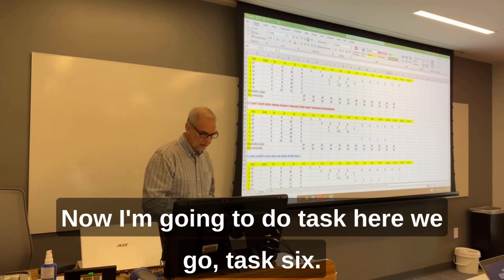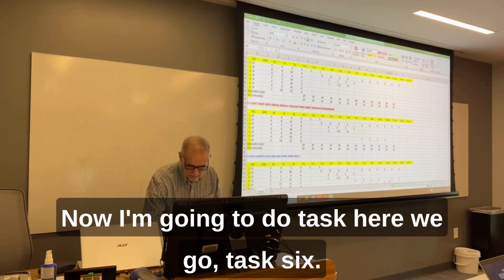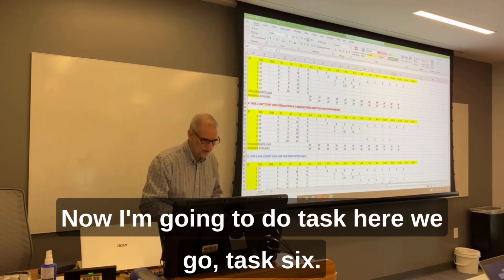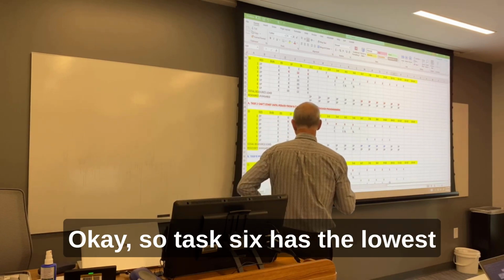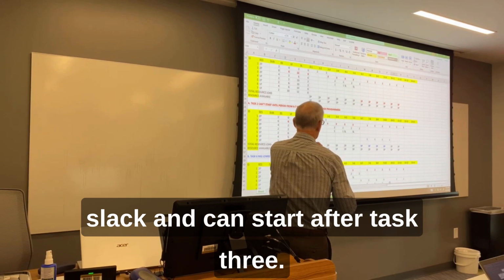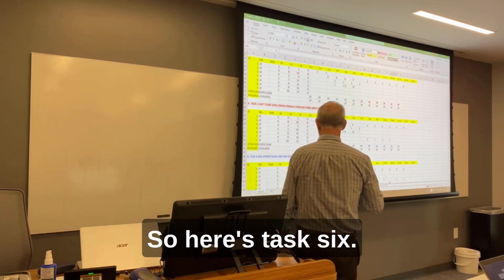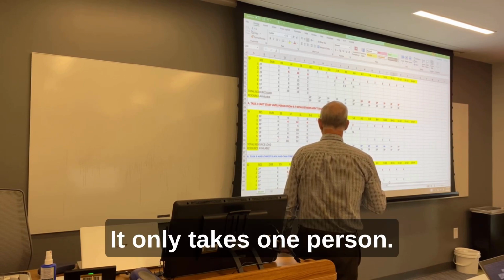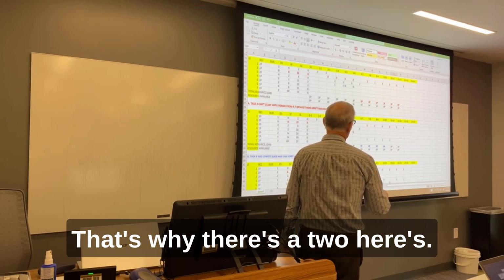Now, I'm going to do, here we go, task 6, okay? So task 6 has the lowest slack and can start after task 3. So here's task 6. It only takes one person. These take 2 people, that's why there's a 2.